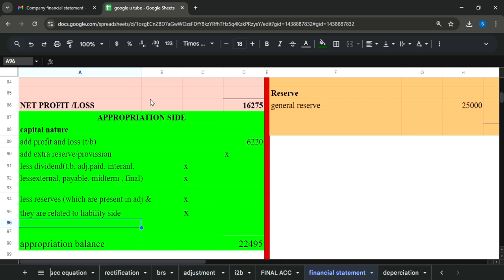So please look at here, no extra provision was present, no dividend was present, no reserve was present in this question. So simply what you will do, net profit and these two items were supposed to be added. Only one item was present, profit and loss account, so you have added 1662, added you have got 22495.